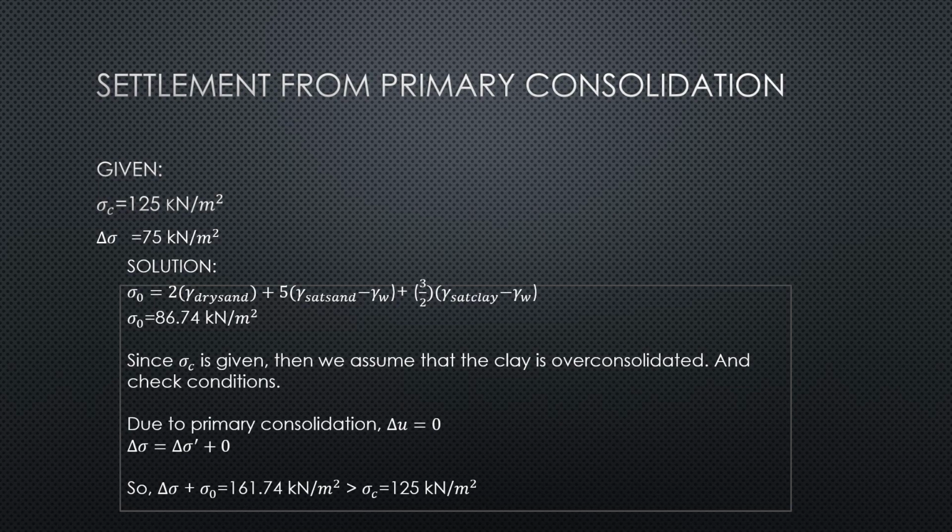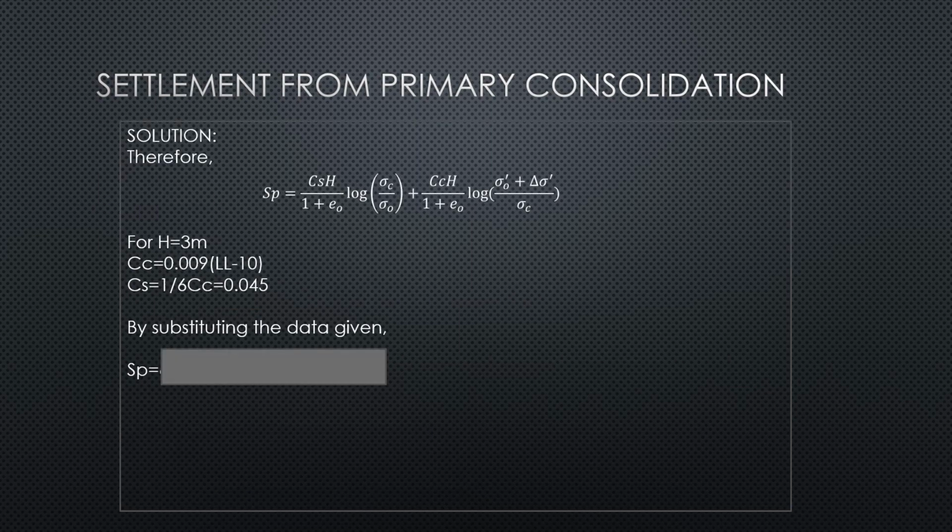Since the pre-consolidated stress is 125 and our total of the average effective stress plus total stress is 161.74, it is still greater than 125, then we will be considering the second condition of overconsolidated clay. So the formula will be this, okay?